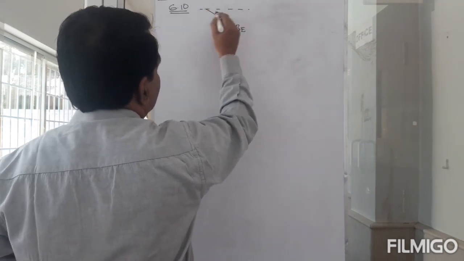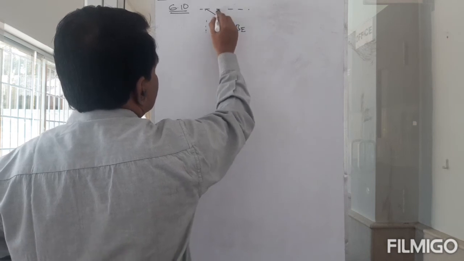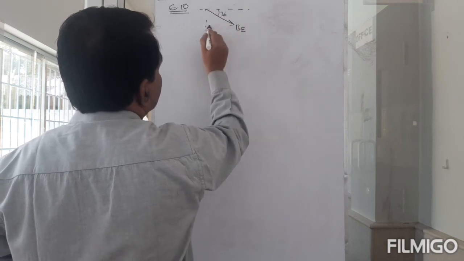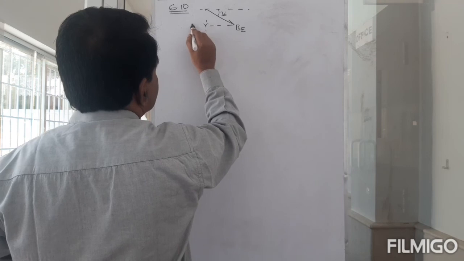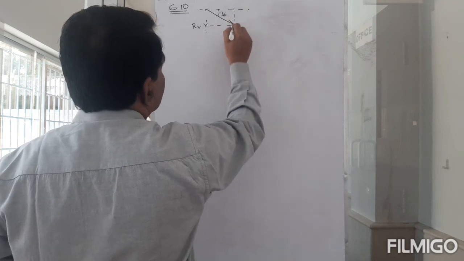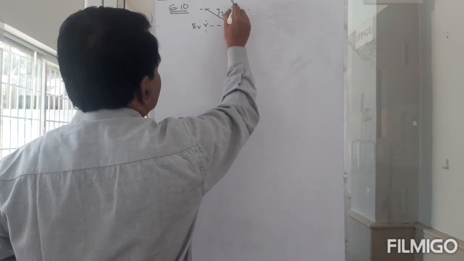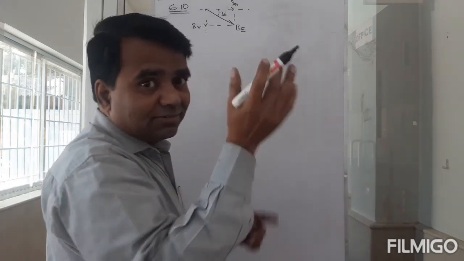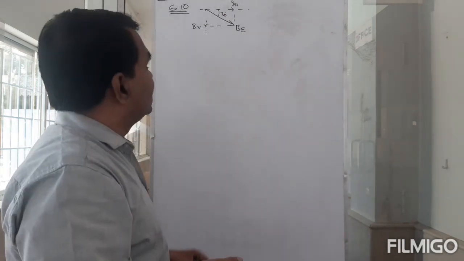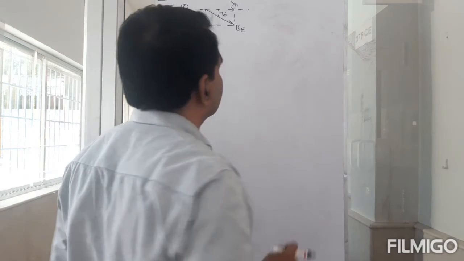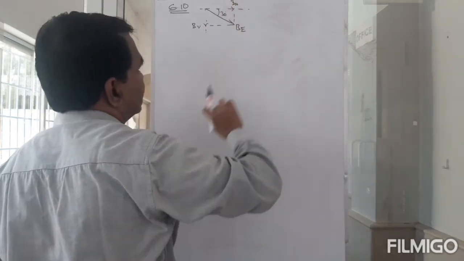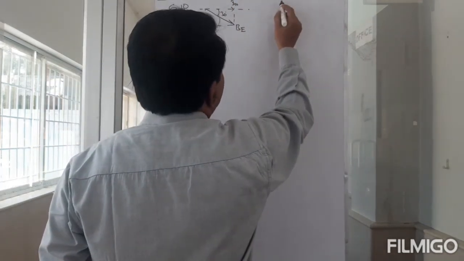It will have a horizontal component and it will also have a vertical component. This angle is 30 degrees. So this is my BV and this is my BH. I told you BH doesn't make much difference. It's very small. But then BV is appreciable here.